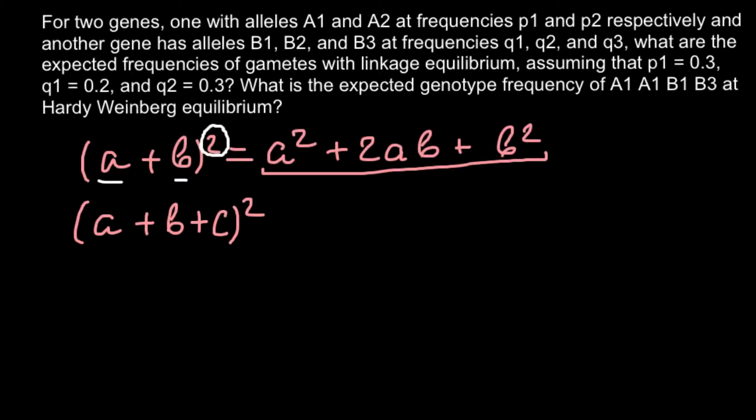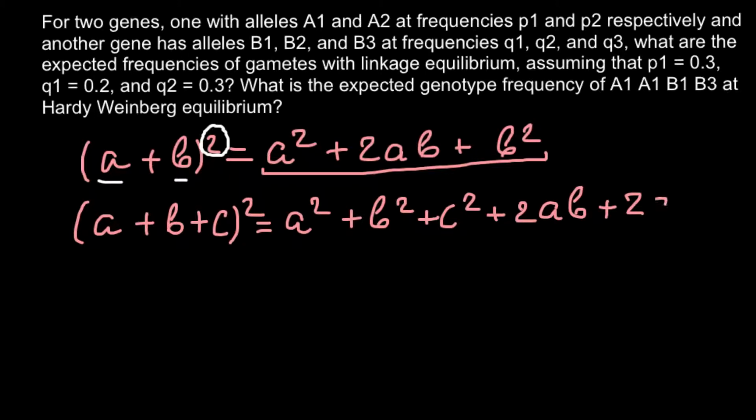So our expansion would look like this: A squared plus B squared plus C squared plus 2AB plus 2AC plus 2CB. For your convenience and better understanding, I will put the names of the alleles on top of each letter in our trinomial expansion.